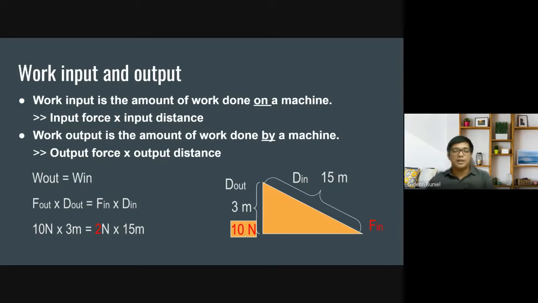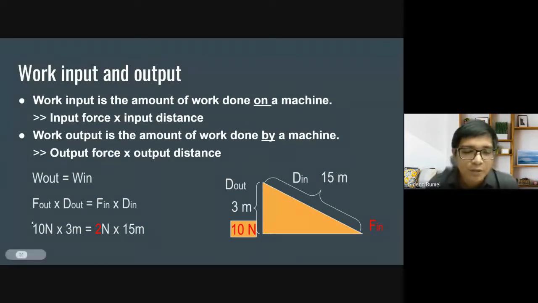We have this on this figure, if you refer to this figure, we have this 10N. So what is this 10N all about? It's 10 newtons. So N represents newtons. Okay? So output, as you can see here, this is an example of an inclined plane.